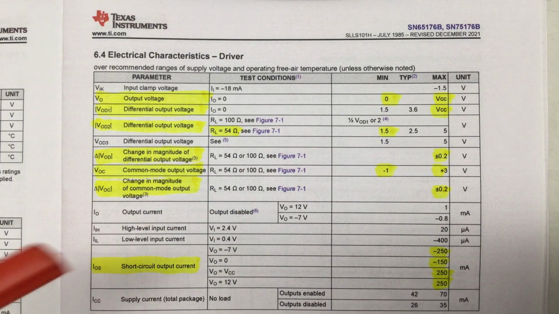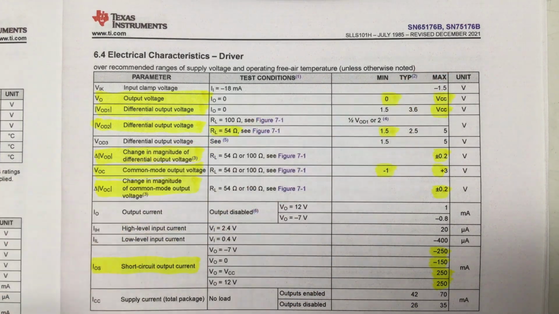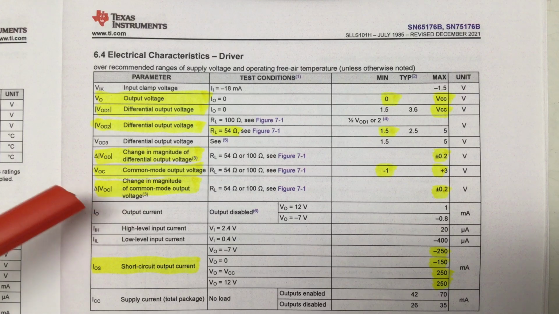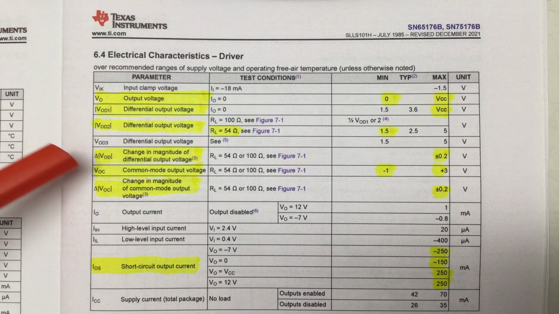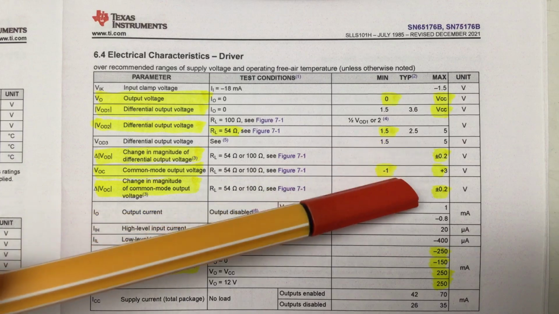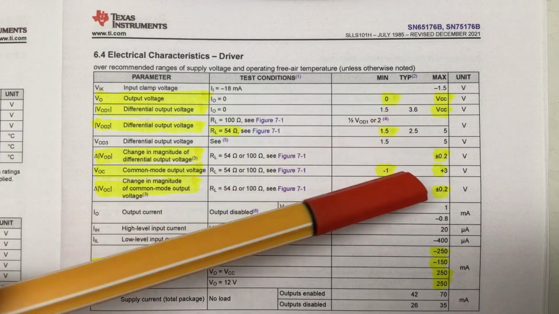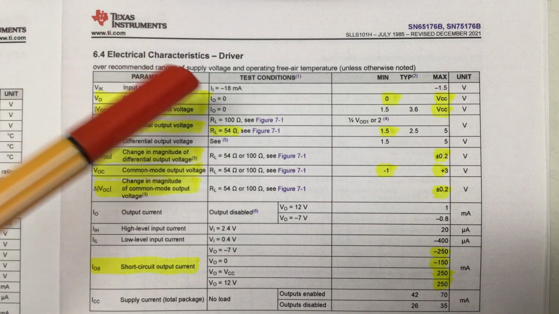The short circuit output currents are all within the 250 milliamps limit. The maximum delta common mode voltage and delta differential output voltage are also matching exactly the specification with ±0.2 volts. That was for the driver.